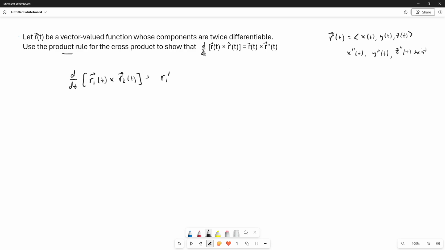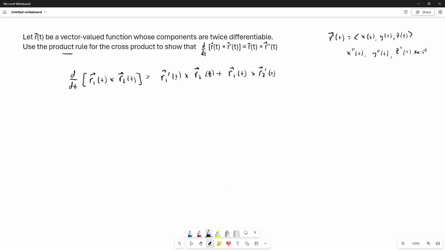It's r1 prime of t cross r2 of t plus the reverse, r1 of t cross r2 prime of t. So this is the same form as the ordinary product rule. Of course, here we have cross products in the place of ordinary products in the regular one variable product rule.